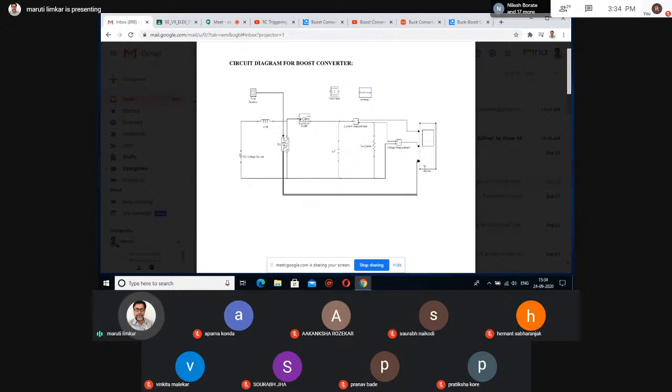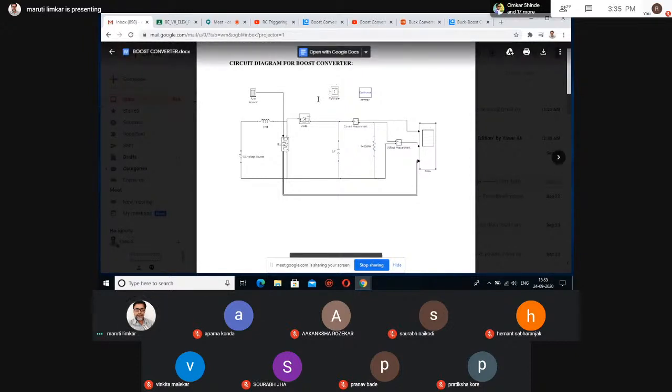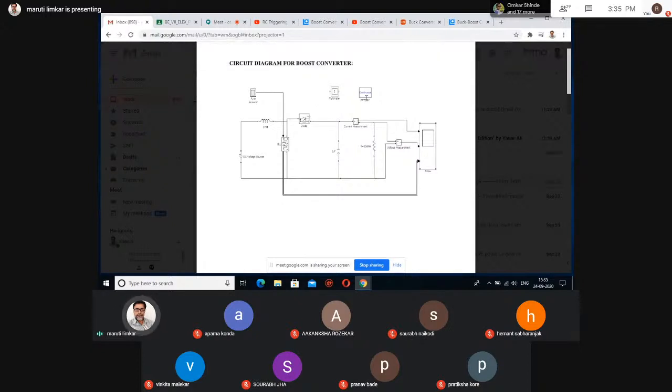So the property you have to select is 3. Then here you have to select continuous signal.